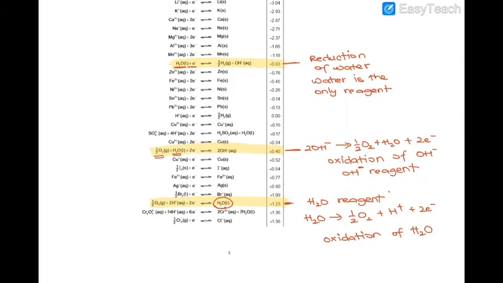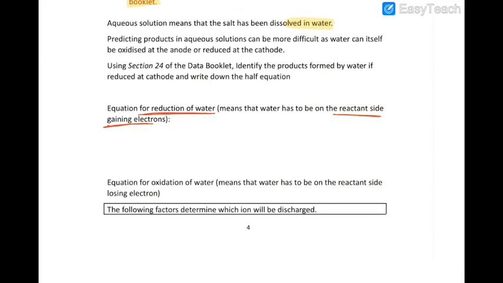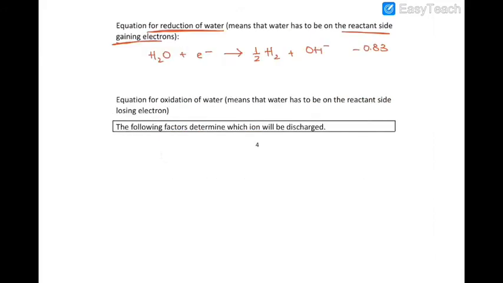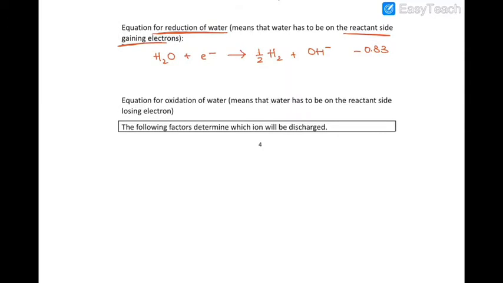So from the electrochemical series, we've already seen that we have one equation which shows the reduction of water and one equation which shows the oxidation of water. These two are very important equations. We can write down here: reduction of water is this equation where the electrode potential is minus 0.83 volts.